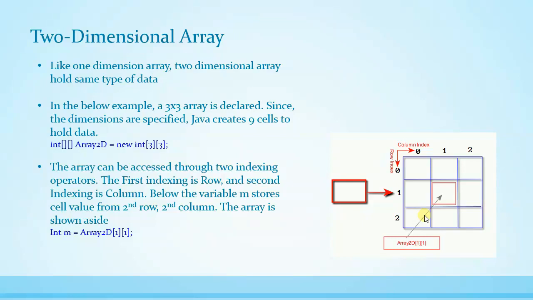So together, the first row index and column index identify this cell marked in red. Whatever value is stored in here will get retrieved and stored in the integer variable m.